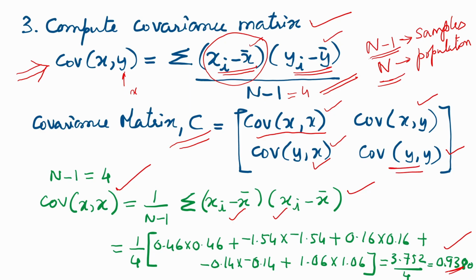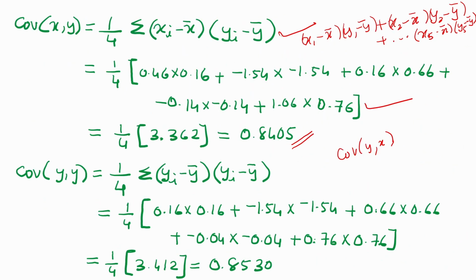Now you have to find covariance y comma y. So what is this covariance y comma y? Both terms are in y.